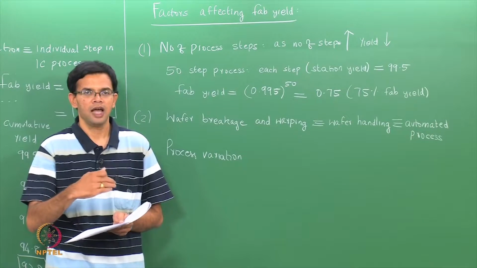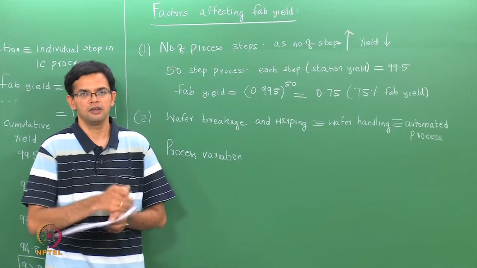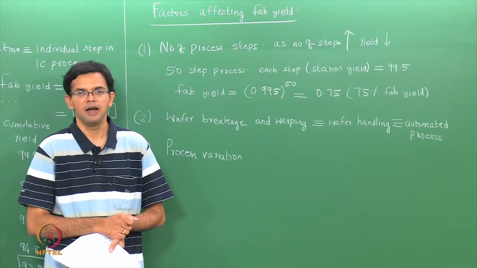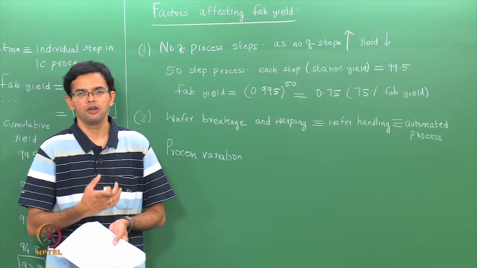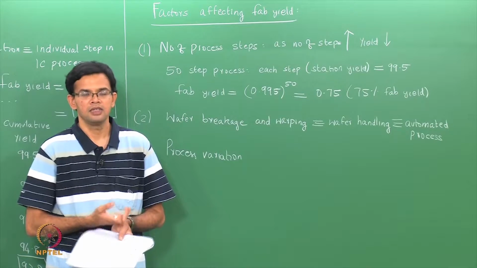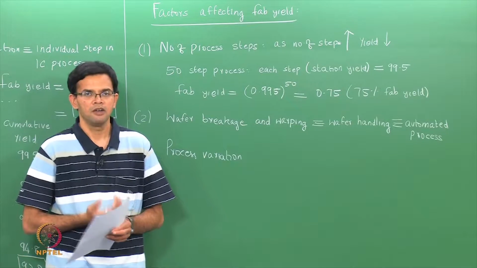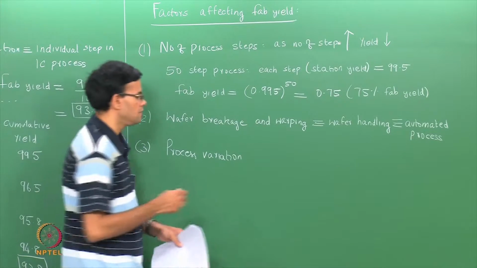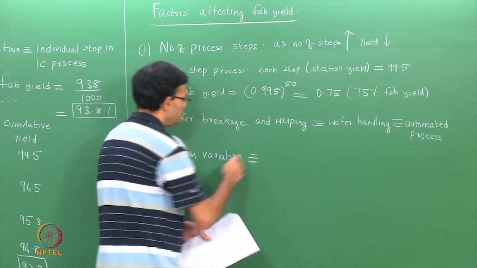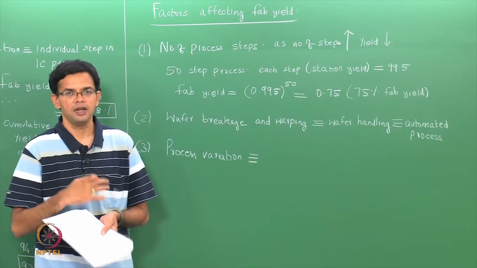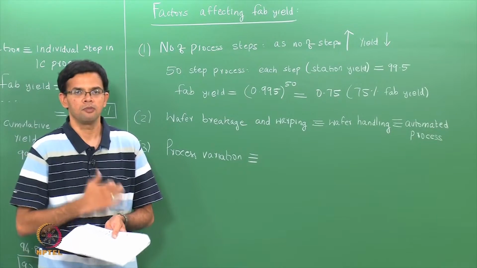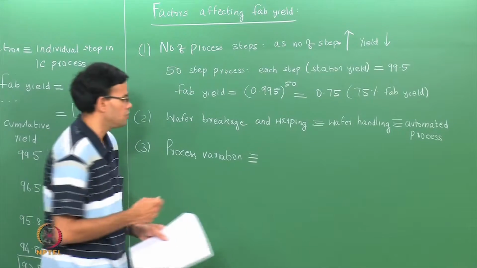So, if a process has a value that is beyond the range of these acceptable values, then once again that process is said to have failed, the wafers are said to have failed at that particular process step, which will again affect the yield. So, it is very important to set the proper limits or the proper parameters for any process.